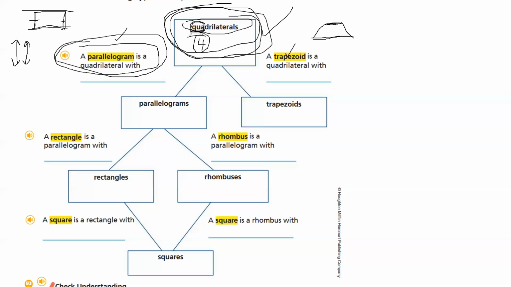So right away, you are separated between parallelogram or trapezoid. Parallelogram means you have two groups of parallel lines. Trapezoid means you only have one. And you might say, well, what if you don't have any? It's impossible to draw a four-sided figure with no parallel lines, okay?